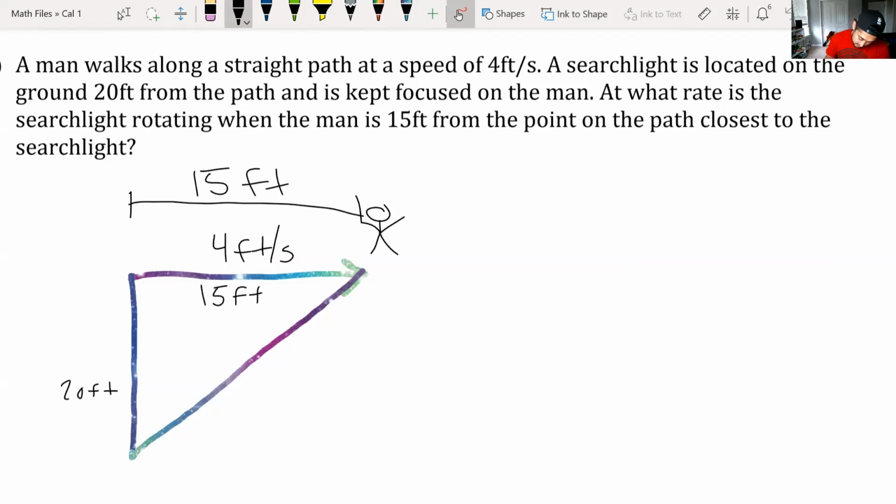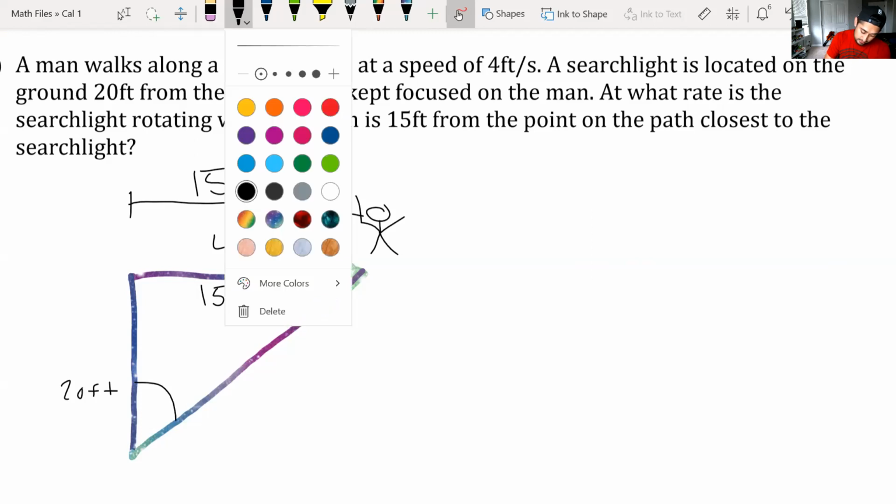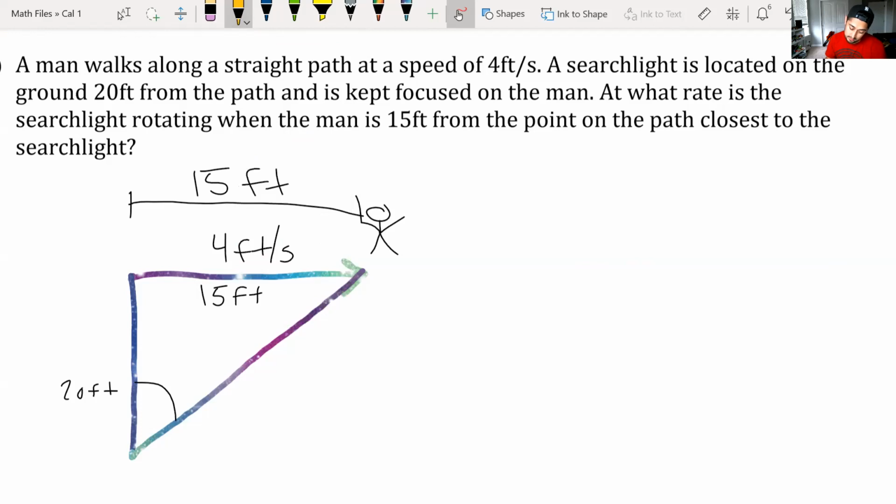And then down here, I'm gonna put my searchlight. So I'll do that. And we're keeping an eye on this sketchy dude walking at this strange rate of 4 feet per second. So there is my searchlight on this fellow. And it is rotating, right? So the searchlight rotates, which means that, let's read the problem again.